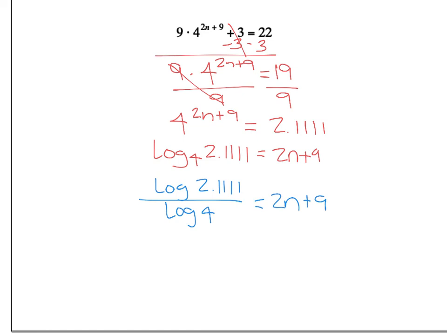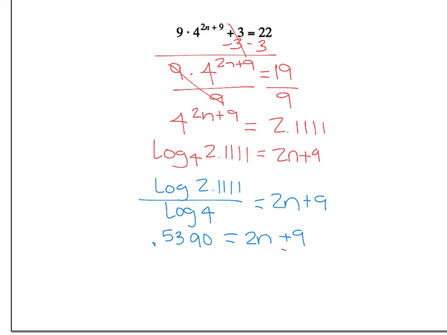And I'm going to compute the left side. So the left side will give me 0.5390 rounded equals 2n plus 9.